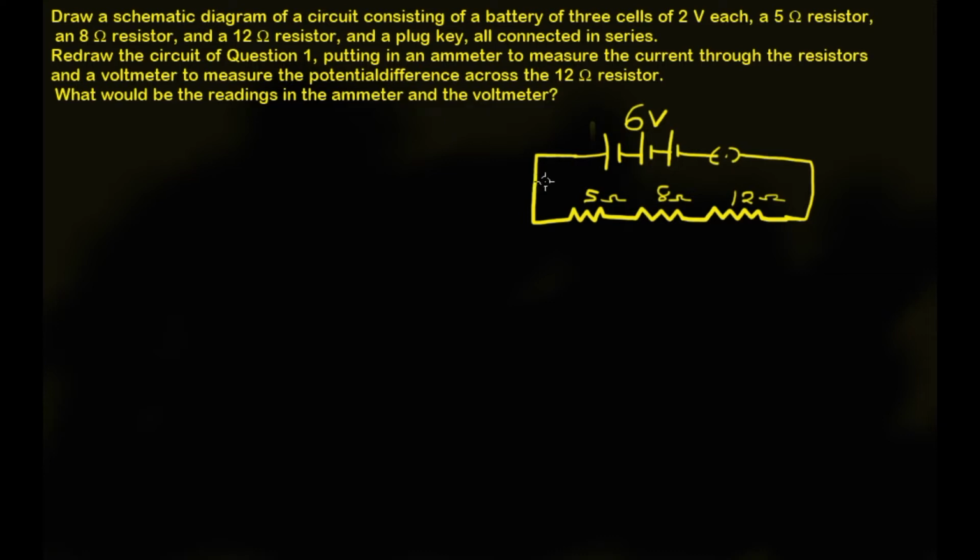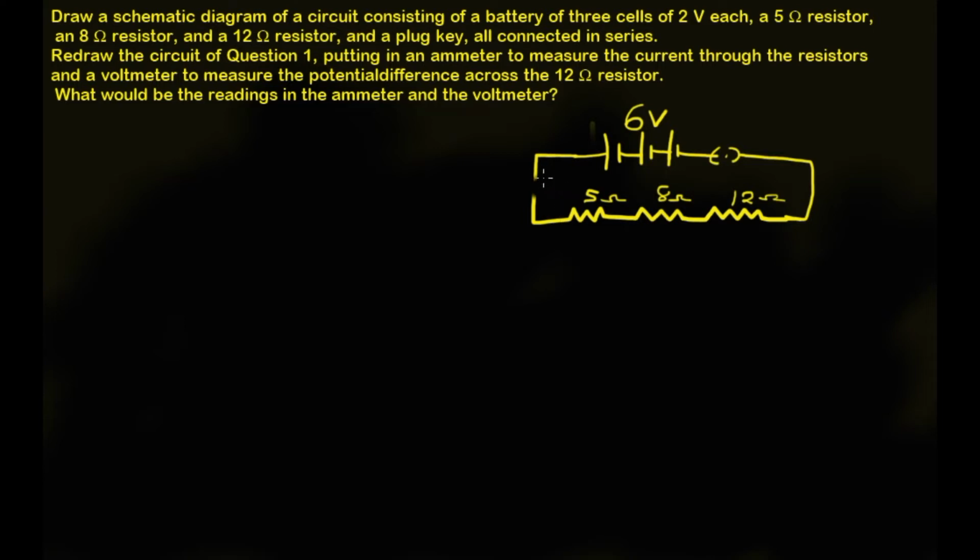So first of all, I am going to introduce an ammeter to measure the current in the circuit, and you know that ammeter should be connected in series in a circuit. You can connect anywhere in series in the circuit for measuring the current.